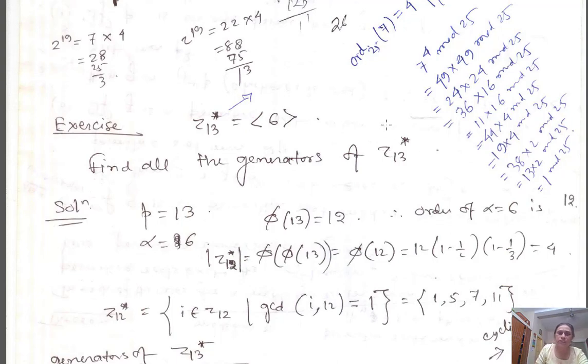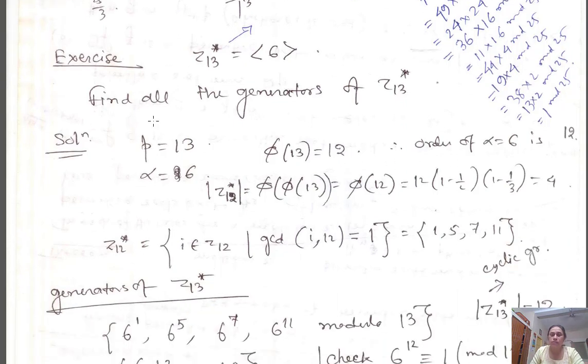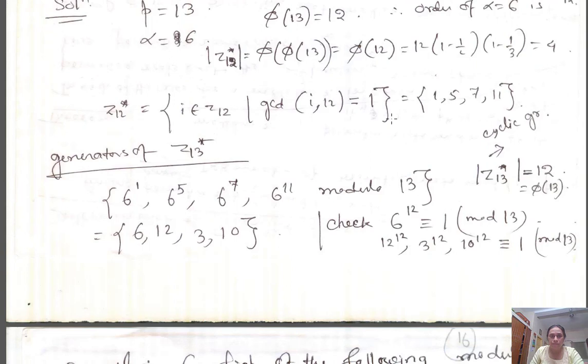How to find the generators of Z13 star? If it is a very small modulus, then by exhaustive search you can do it. But if it is very large, then essentially we don't have any efficient algorithm for that. I will discuss this problem.